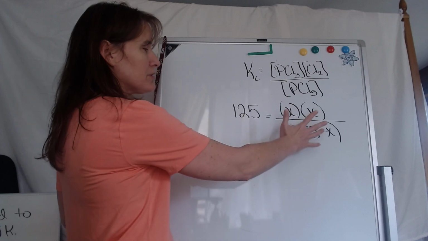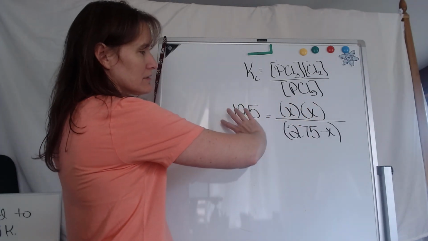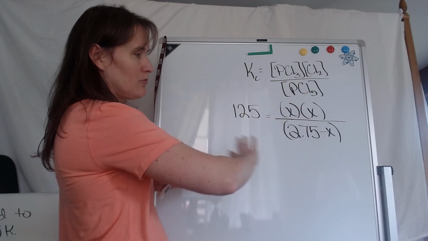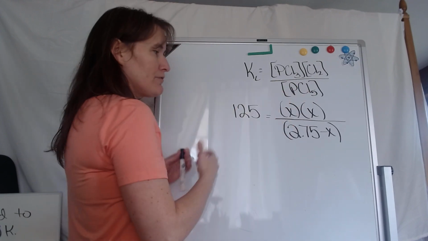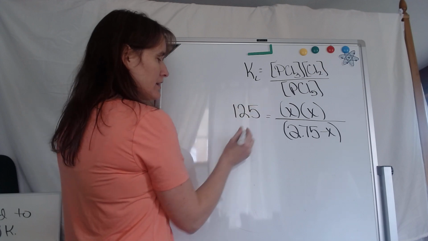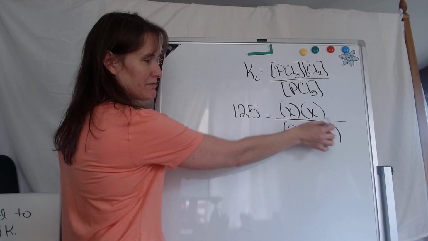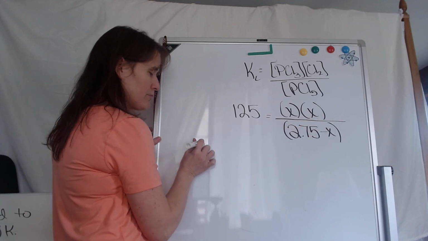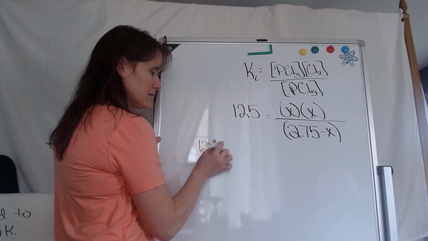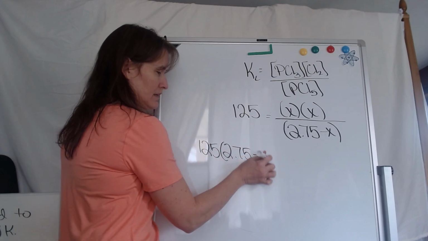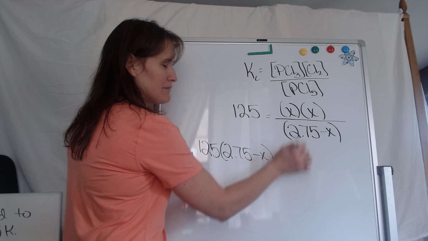So you want to expand all of this, and then you want to isolate all the variables on one side so that you can solve this problem. I'm going to multiply both sides by 2.75 minus x. So 125 times 2.75 minus x, and x times x is x squared.